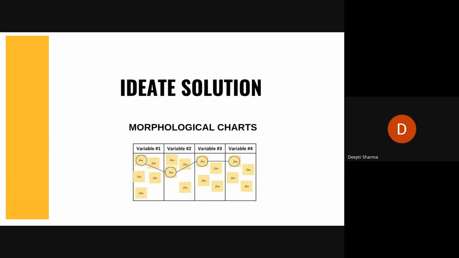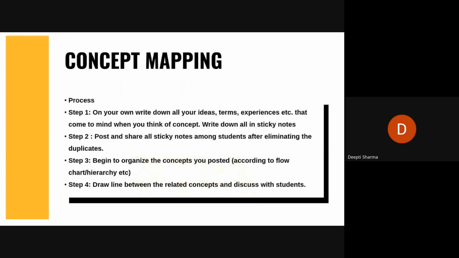So these concept maps always help a student to relate different concepts and even prioritize the concepts, which concept they should learn first and what the priority should be given to the concepts.